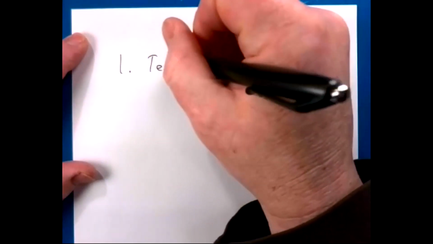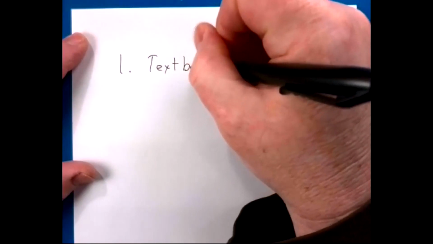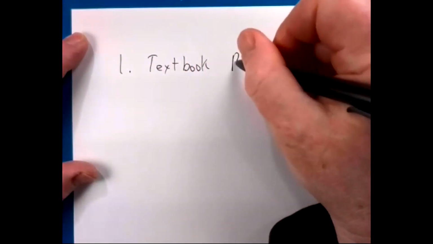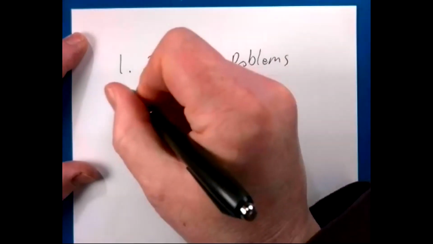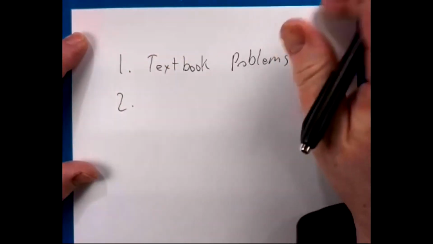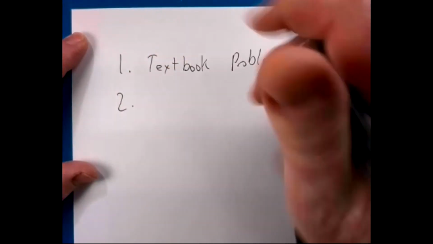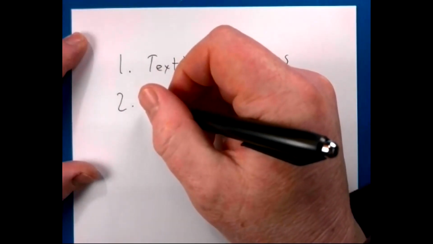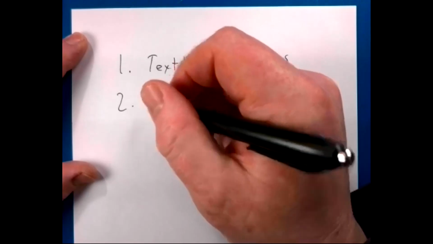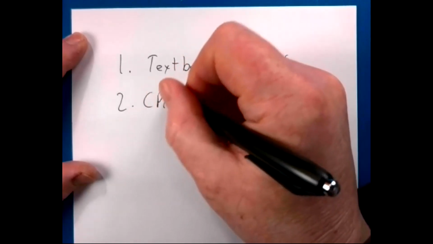I want to go over some of the textbook problems. We'll do that kind of together, talk about them. Two, I think we'll do some of the CPA review questions.